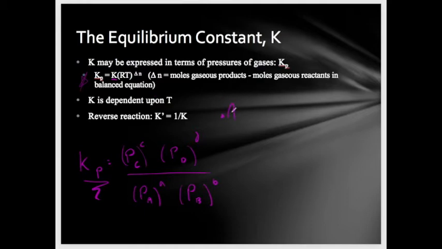So if my equation here is this, then that delta N value, that shows up in this equation, where again, this equation is helping us convert the equilibrium concentration constant to the equilibrium pressure constant, would be equal to the total number of moles of gaseous products in the balanced equation, which would be C plus D, minus the total number of moles of gaseous reactants, A plus B. That's how you would get that delta N.